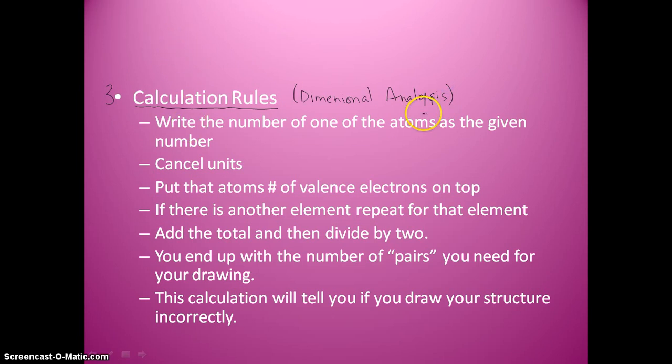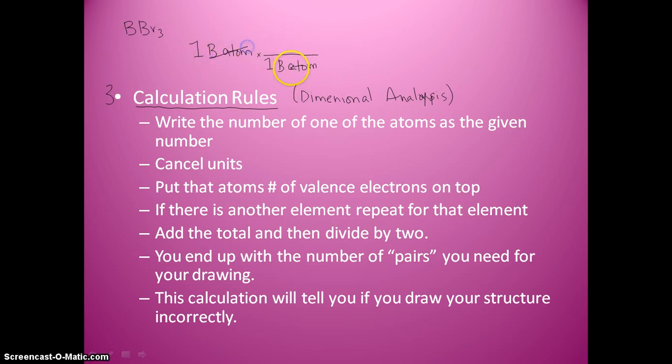So now we're going to write the number of one of the atoms as the given number. So our formula was BBr3. So we say how many boron there are. So we'd say 1 boron atom. Okay. So we would put 1 boron atom on bottom, and this is always going to be 1 on the bottom of your ratio because you want to know the number of valence electrons on top.